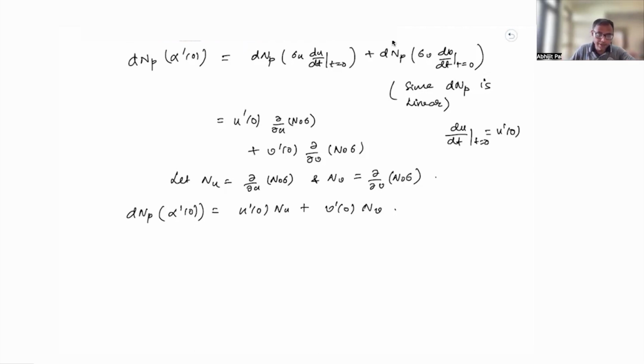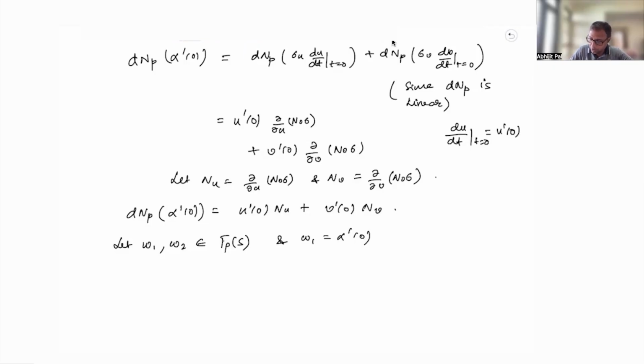So we have this thing here. And now let us take two vectors W1, W2 that belong to the tangent space of S, where W1 is equal to alpha prime 0.